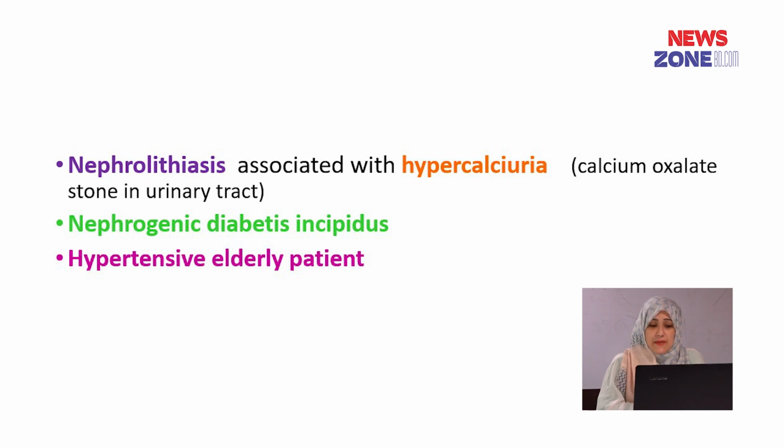Nephrogenic diabetes insipidus and hypertensive elderly patients are important uses of thiazide diuretics, because elderly patients commonly suffer from osteoporosis.